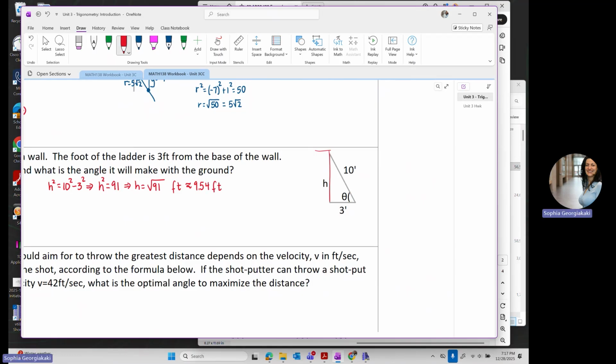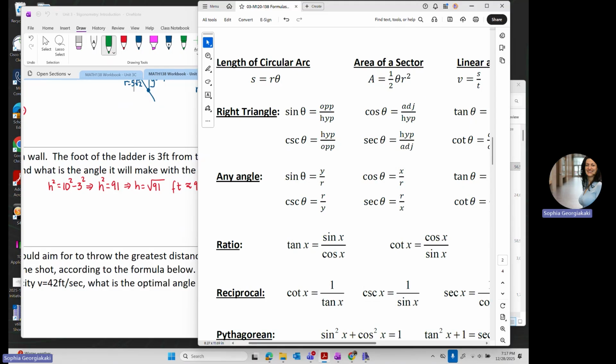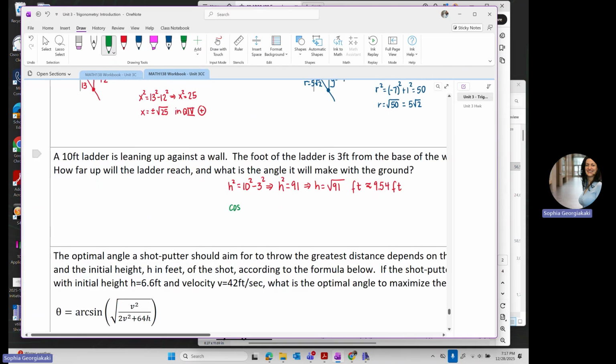Now, what is theta? For theta, I know the 3 feet, which is the adjacent, and I know the 10 feet, which is the hypotenuse. So from my formula packet, adjacent and hypotenuse are the cosine. So I'm going to use the inverse cosine to find theta. I have that the cosine of theta is 3 divided by 10, and therefore theta will be the inverse cosine of 3/10.